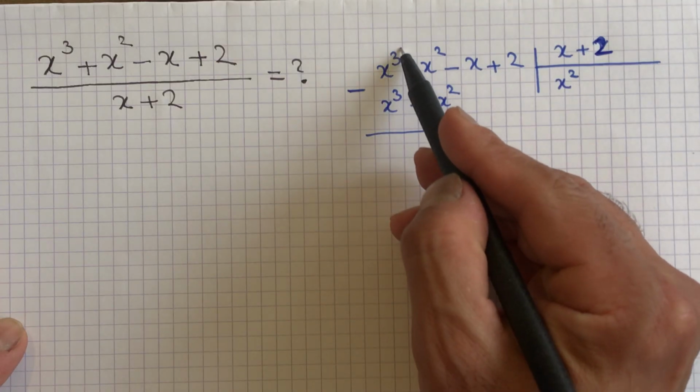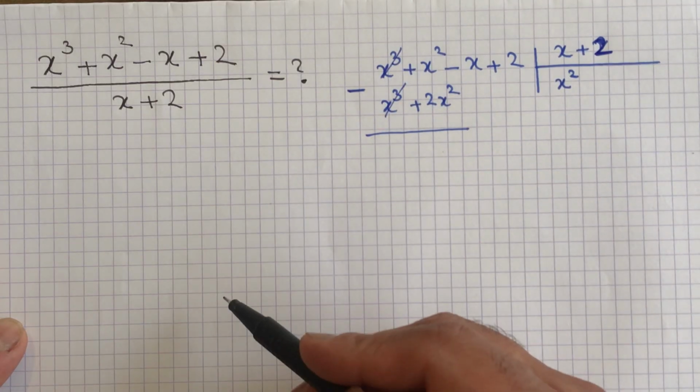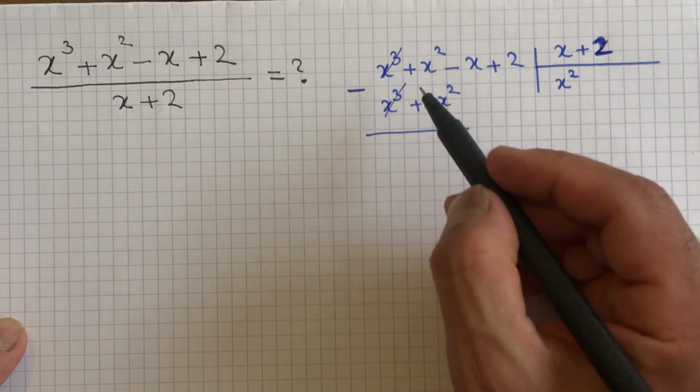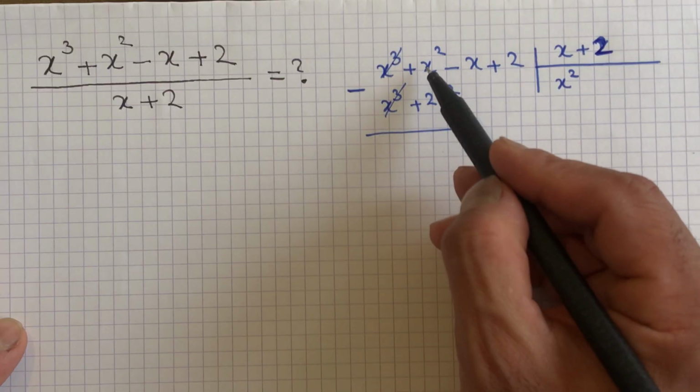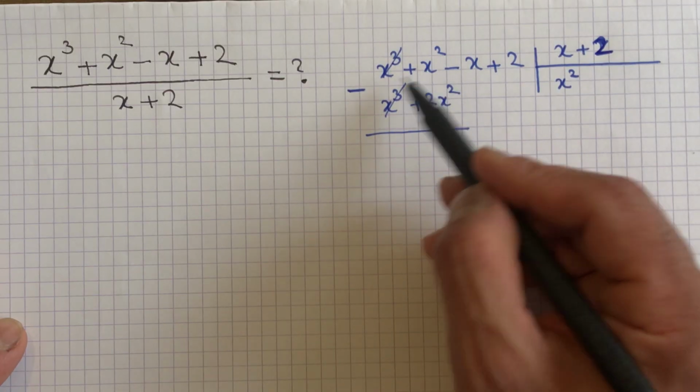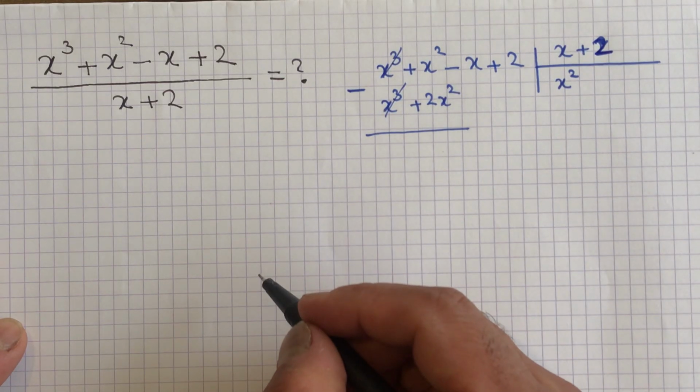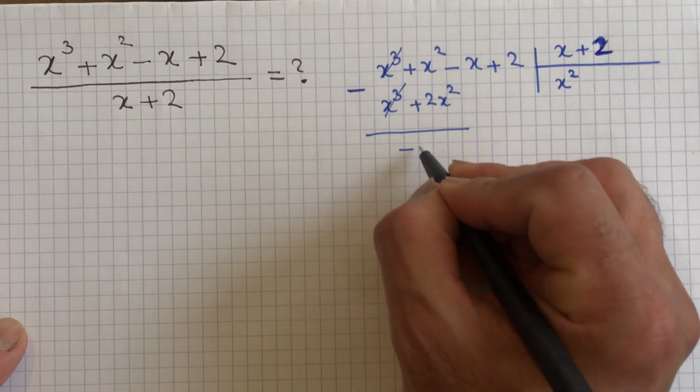The first term cancels with the first term beneath, and for the second term, x squared minus 2x squared is just minus x squared.